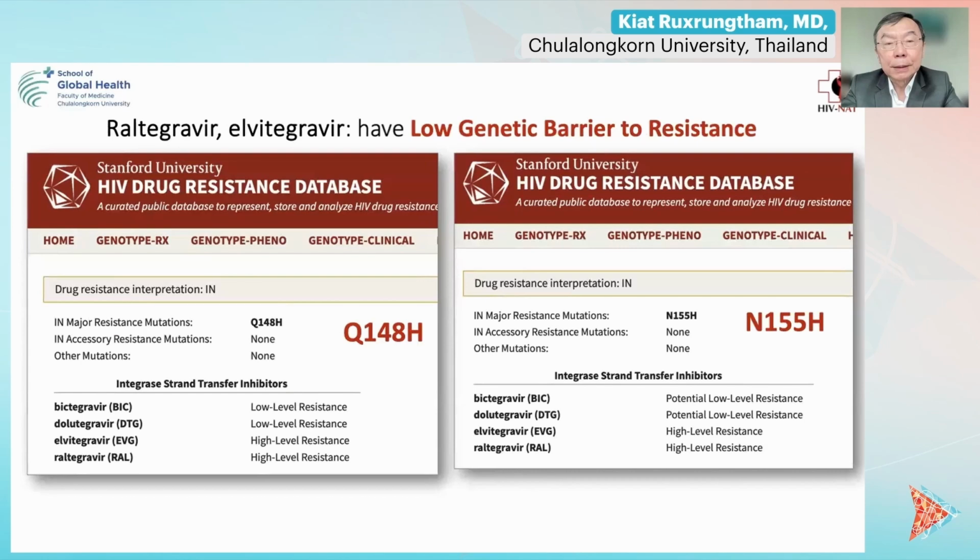Within the same class, in this case integrase inhibitors, there are two ARVs in this class, raltegravir and elvitegravir, which we consider as a low genetic barrier to resistance. In this case, if the virus develops Q148H or N155H, it will be associated with high-level resistance to raltegravir or elvitegravir.